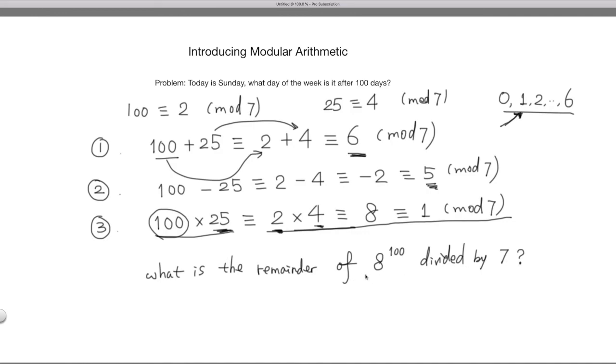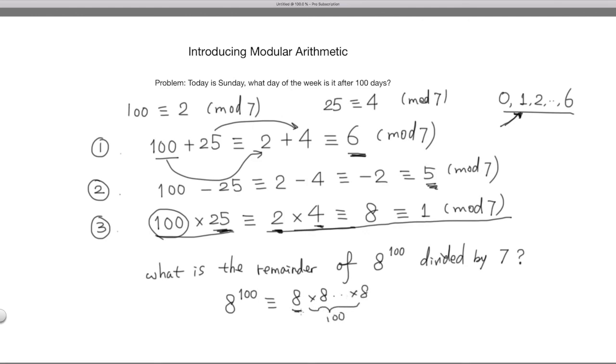Now, it is clear that it is impractical to calculate 8 to the power 100 and then divide by 7. If you're using modular arithmetic, 8 to the power 100 is congruent to 8 times 8 times 8, 100 times, right?